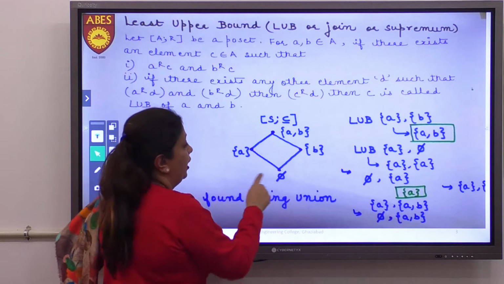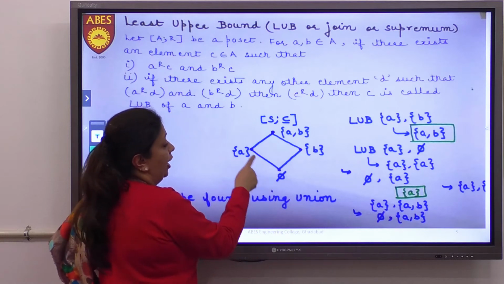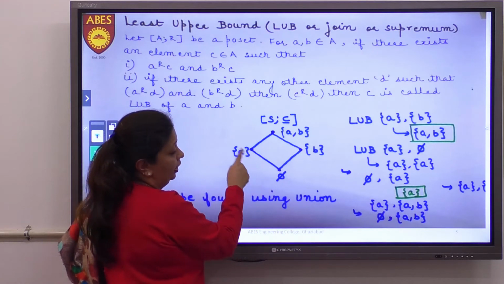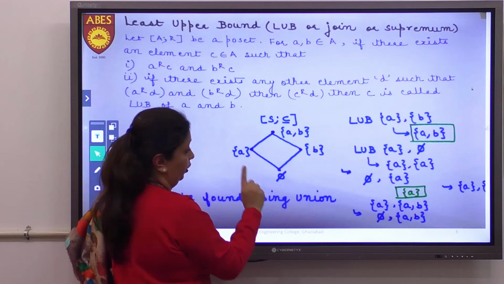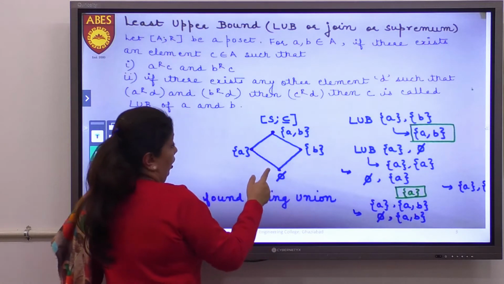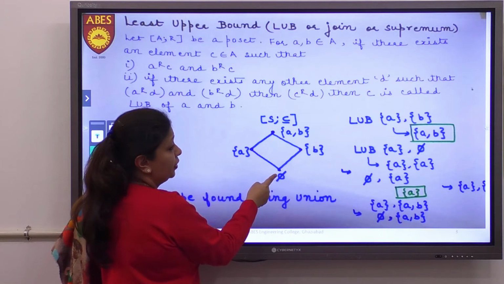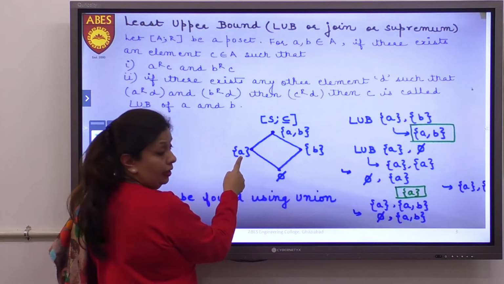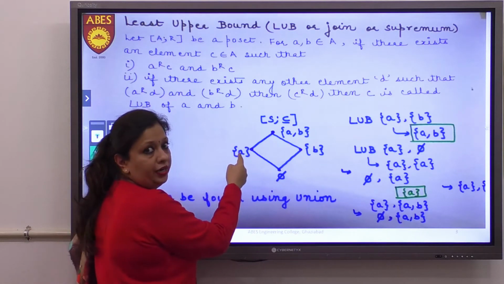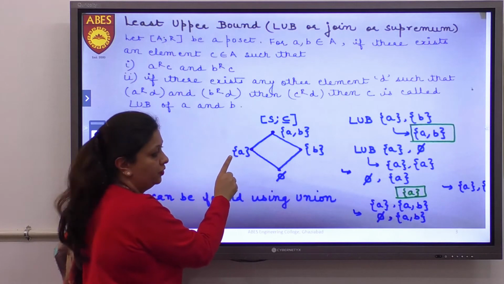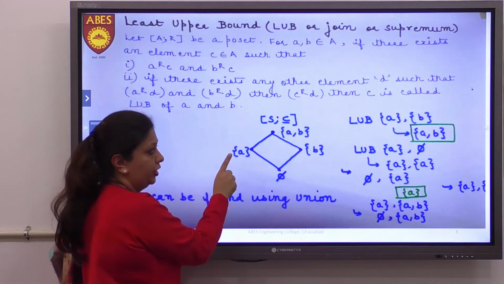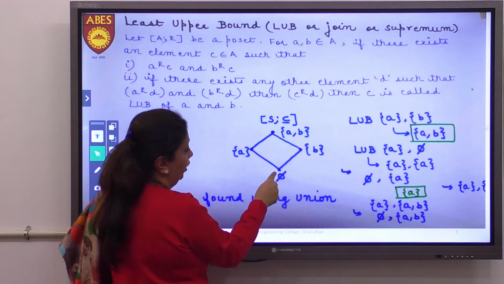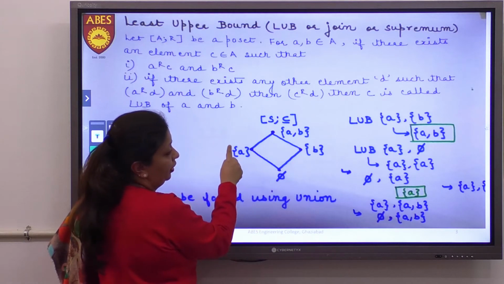Now let's take another example, phi and a. For phi and a, I want to find the least upper bound. Phi is related with a, and a itself is related with a because it is a reflexive relation, as it is a poset.